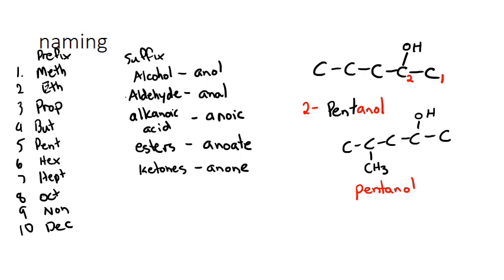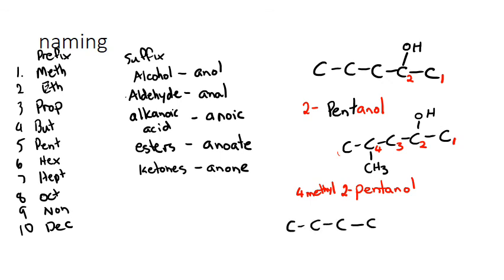That's our longest chain. So this is going to be still 2-pentanol. And I can see I've got a methyl on the 4th carbon. Now it doesn't matter if it's this methyl group or that methyl group. They're both on the 4th carbon. So I would do 4-methyl 2-pentanol.